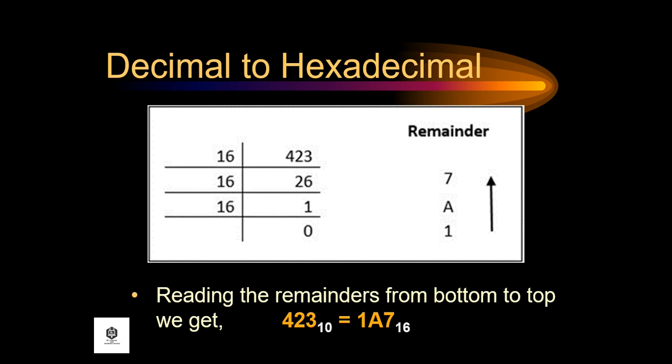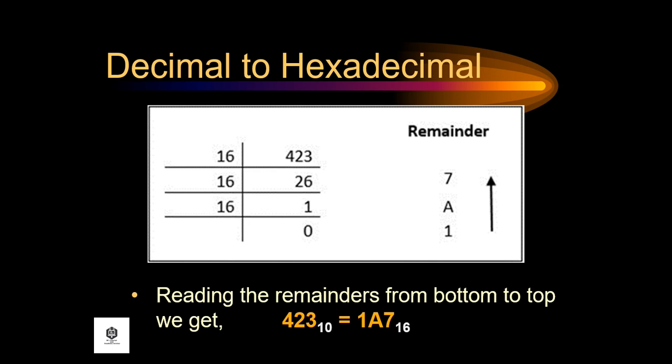For the example, the given is 423 in decimal, and the solution will be 423 divided by 16. Then we will get the answer 26, and the remainder is 7. Then 26 divided by 16, the answer is 1, and the remainder is A or 10.